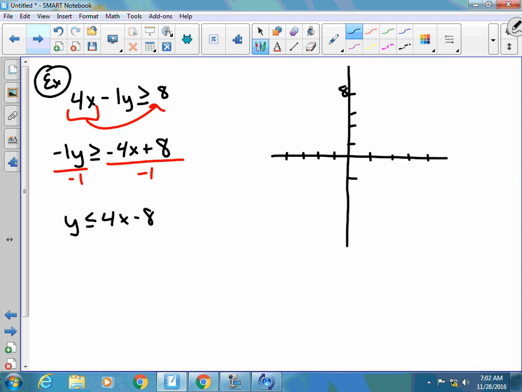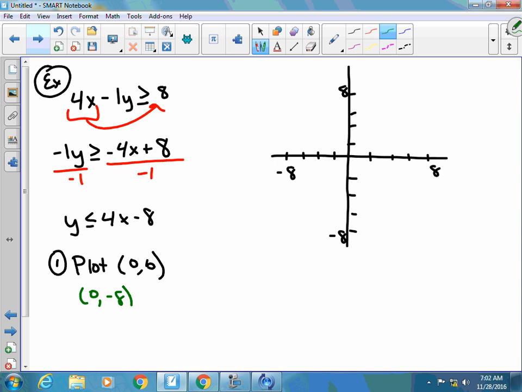We're going to go by 2's on this. Make it a little bit easier. I'm going to plot 0 comma b. So in our case, that's 0, negative 8.